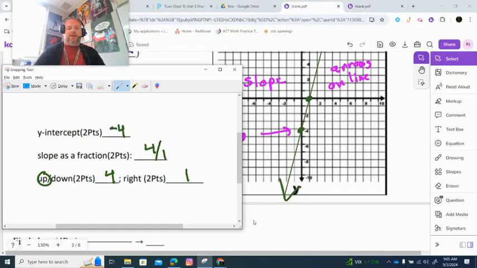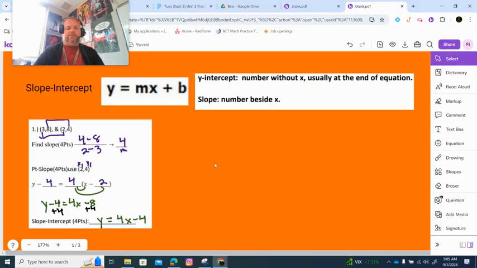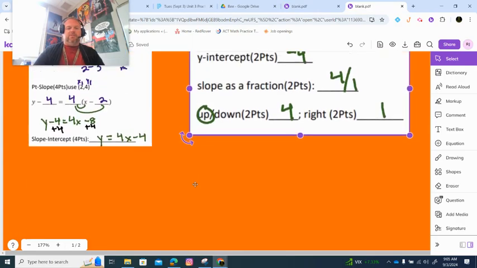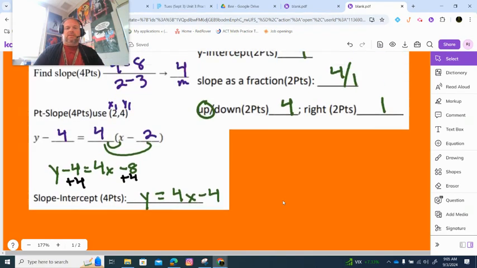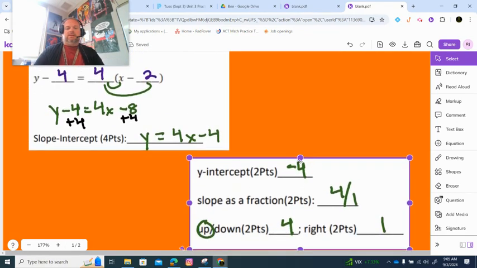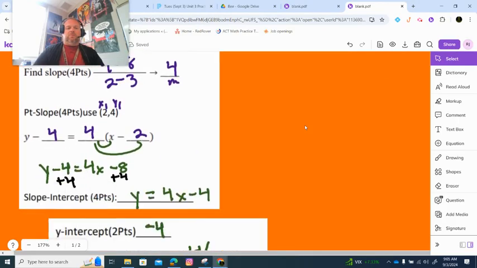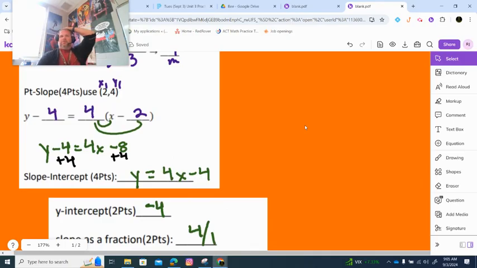I wouldn't do the graph unless you just really, really want to. Okay. But that's all the information that I would put right there. I'd basically put this. Okay. Because I wouldn't want to do too much. If you can do it for one, you should be able to do it for the other one.